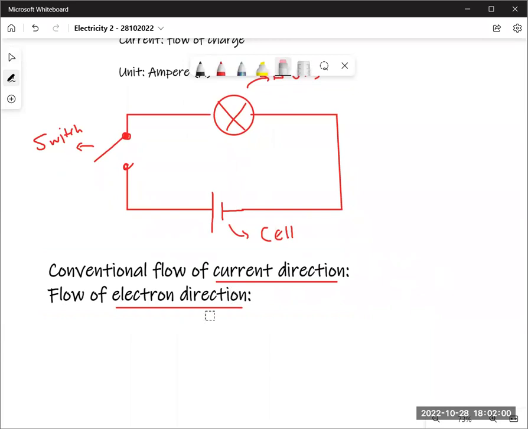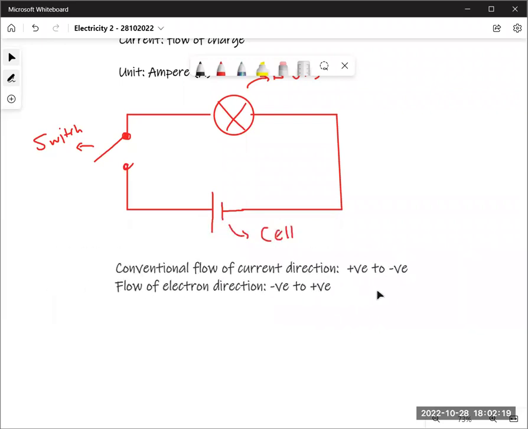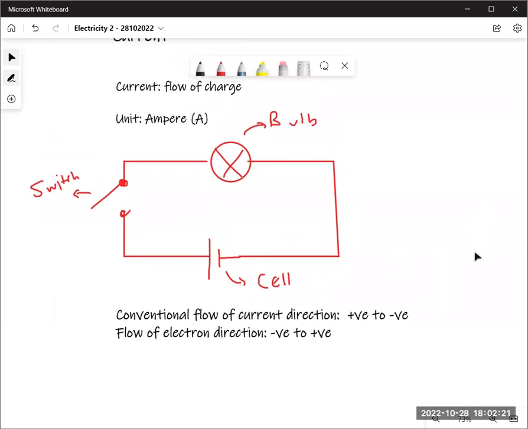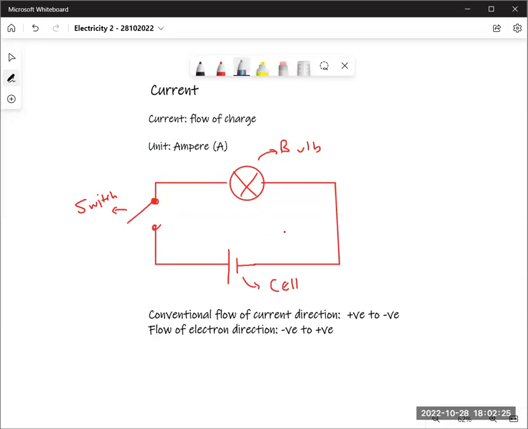Now what we learned in this is that the direction of current is always positive to negative. The flow of electrons is always negative to positive. If I draw it for you, let's make a cell right here.